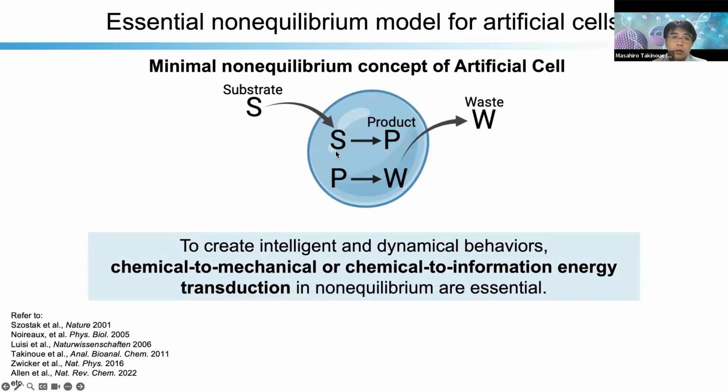S is transduced to a product P by some chemical reactions. And also P is degraded to a waste W by a chemical reaction too. If the addition of the substrate S is sustainable, sustainable non-equilibrium dynamics is produced. But if S is not sustainable, only temporary non-equilibrium dynamics will be observed in the system.